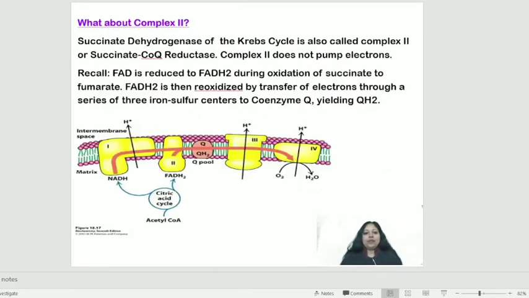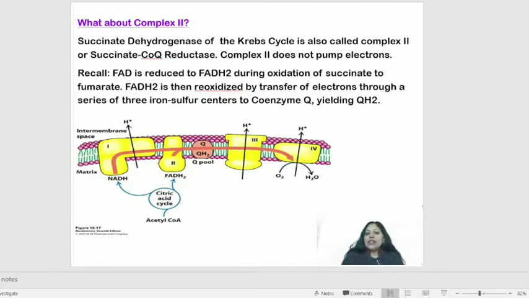Now, what about complex 2? We have discussed complex 1, complex 3 and complex 4, but not complex 2. The role of complex 2 in this overall process is that it just accepts electrons from FADH2, which is formed in the citric acid cycle in the mitochondrial matrix.